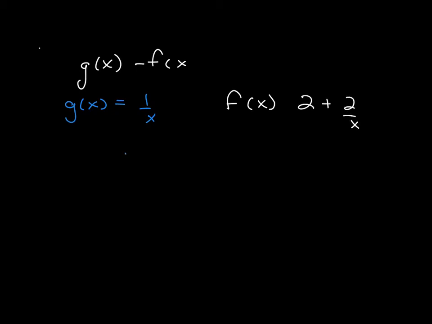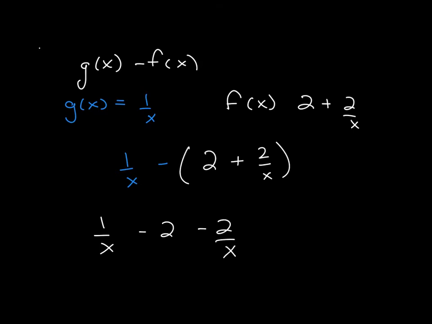So I start with the 1 over x. I subtract everything inside of f of x. Make sure I distribute. So when I distribute this, it becomes 1 over x minus 2 over x.